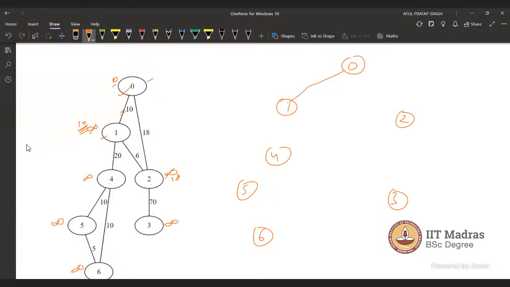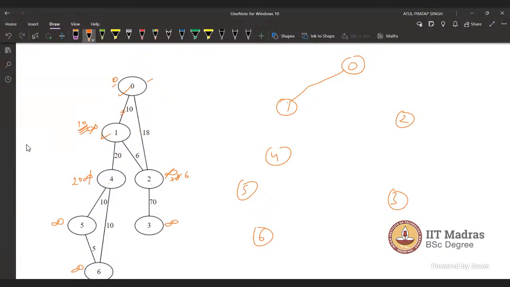So we are at 1. From 1 we can move to 4 by 20, and for 2 we can move by 6, which is less than 18, so we will update it by this 6. This node is now selected and the edge is marked.